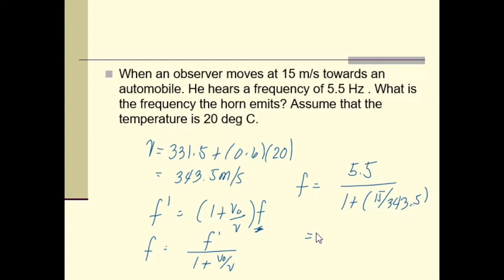So the original frequency emitted by the horn, so let's substitute 5.5 divided by 1 plus quantity 15 divided by 343.5, you will get 5.27 hertz. So you can see the 5.27 hertz is lower compared to the apparent frequency, which is 5.5 hertz. Since the observer is moving towards, therefore the observer will also hear a higher frequency sound.